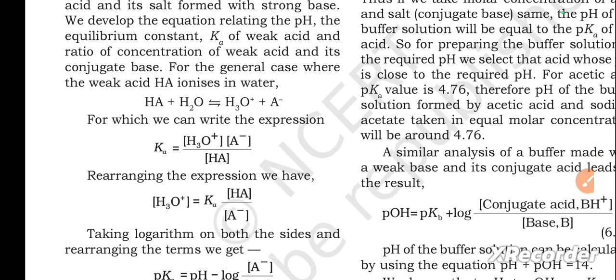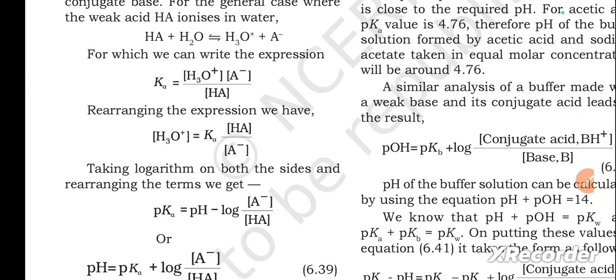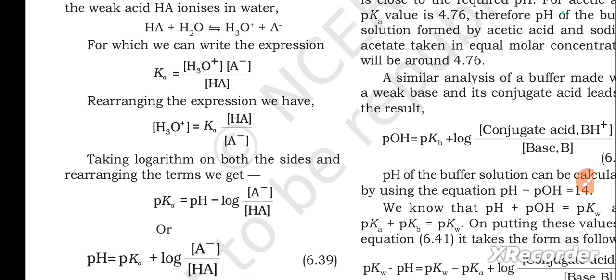For the general case where the weak acid HA ionizes in water, HA + H2O gives H3O+ + A−, for which we can write the expression Ka = [H3O+][A−]/[HA]. Rearranging the expression, we have [H3O+] = Ka [HA]/[A−].